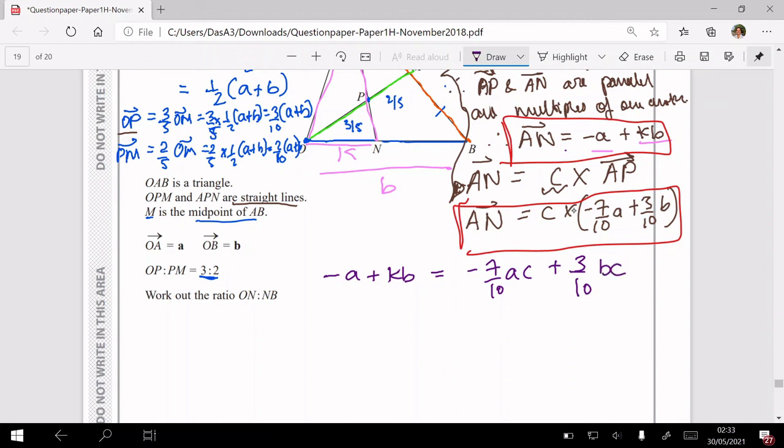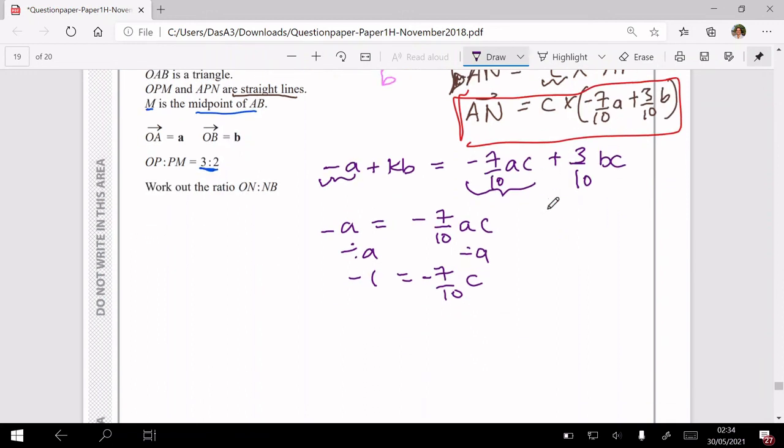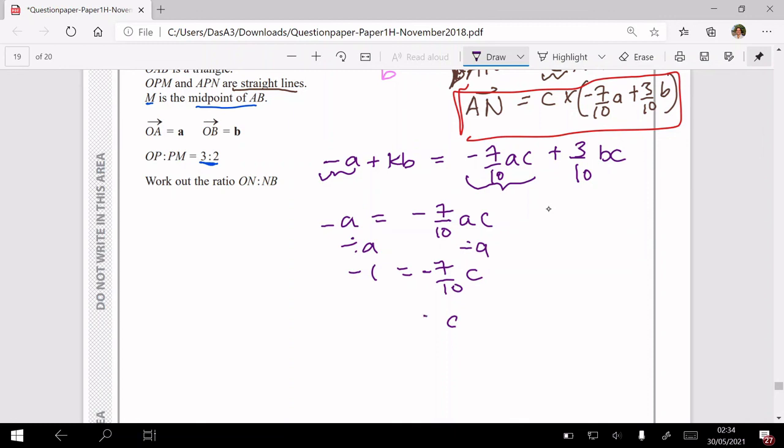What we know is that the A vectors should equal the A vectors. So minus A is equal to minus 7 over 10 AC, divided by A on both sides. That is minus 1 is equal to minus 7 over 10 C, which means C is equal to 10 over 7.